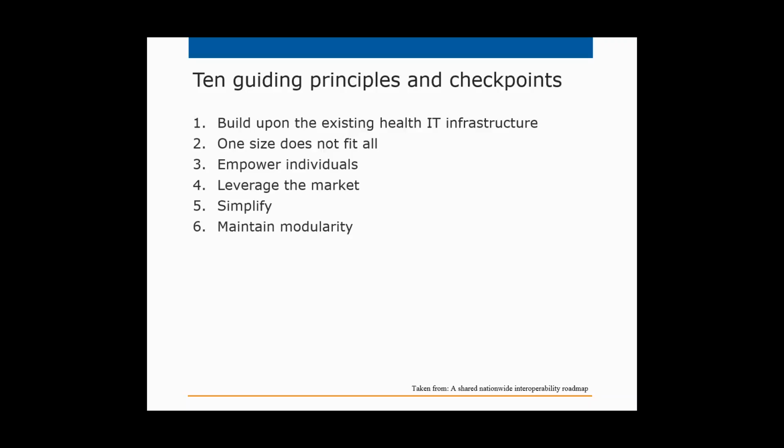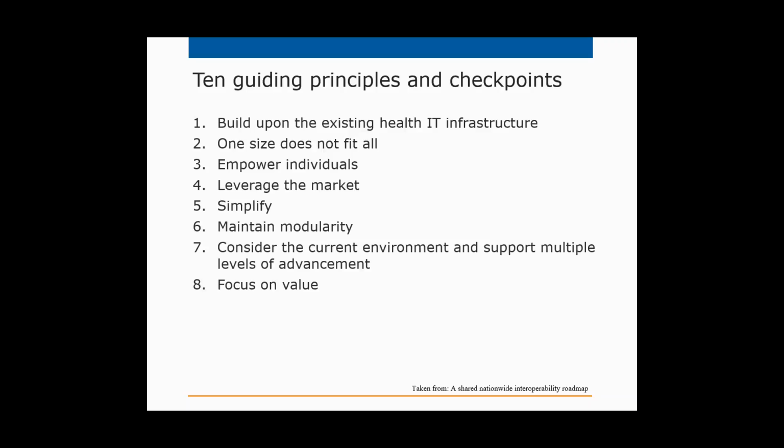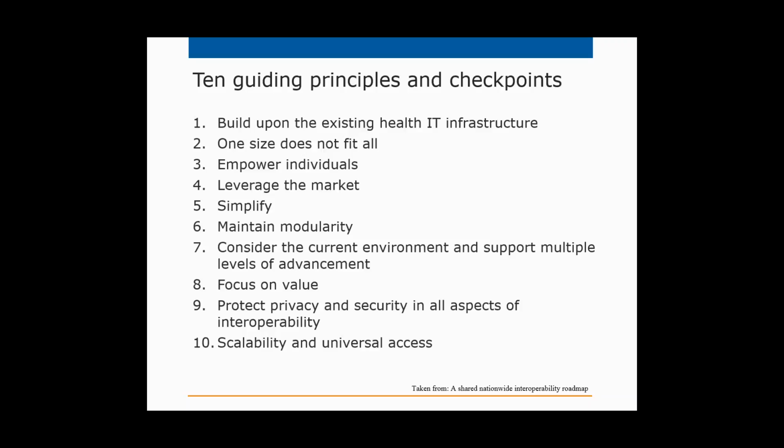Maintain modularity. Consider the current environment and support multiple levels of advancement. Focus on value. Protect privacy and security in all aspects of interoperability, of course. Scalability and universal access. So as we look at these, I'm sure you'll want to read this roadmap now.